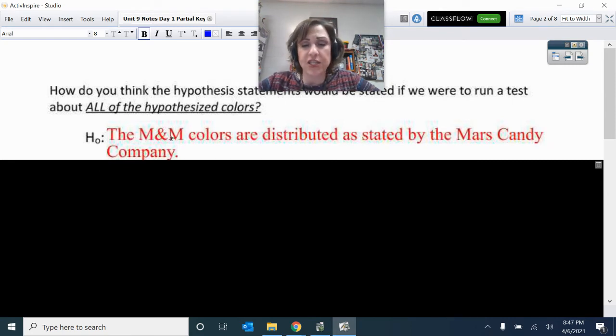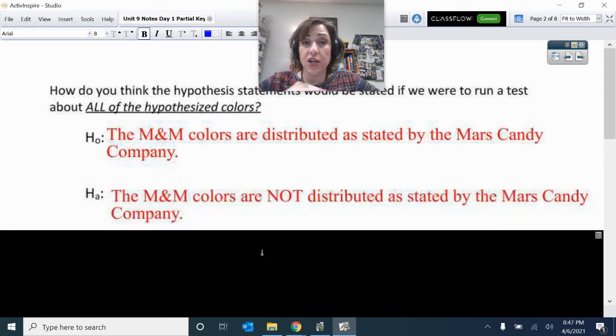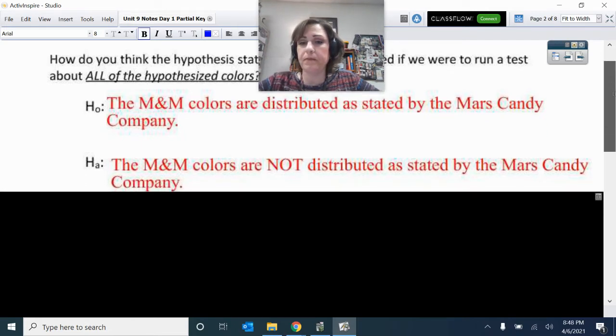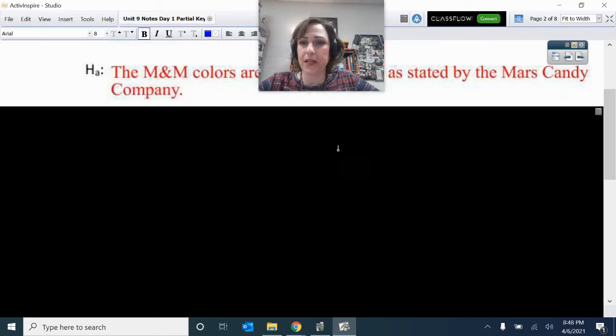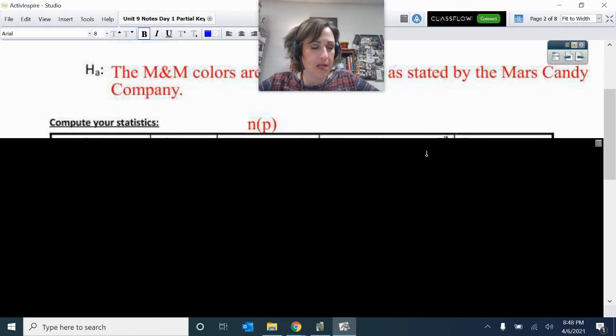We can just say distributed as stated in the prompt. Now, alternatively, what do you think that's going to be? That the M&M colors are not distributed as stated. Maybe I suspect, whoa, I got some really weird numbers here. I don't think they're really putting out what they claim. Well, let's see what we got.